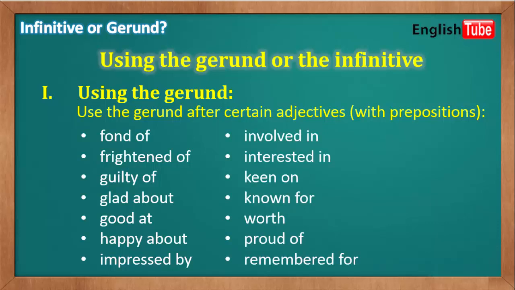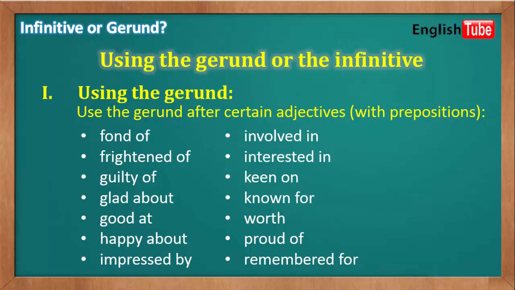keep on, known for. We say here keen on, right? We say here I'm keen on speaking English. I'm keen on drawing or something like that, meaning that you like it very much. Known for, and you're committed to it, yes. Known for or famous for. Worth. Here, of course, this adjective does not require any preposition.